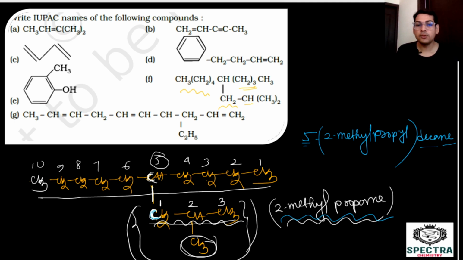The carbon of the substituent that is directly bonded to your straight chain will be your carbon number 1. You name this substituent first as 2-methyl propyl, but this total thing is now the substituent of the main chain, bonded at carbon number 5. So 5-(2-methyl propyl) decane. That's it.